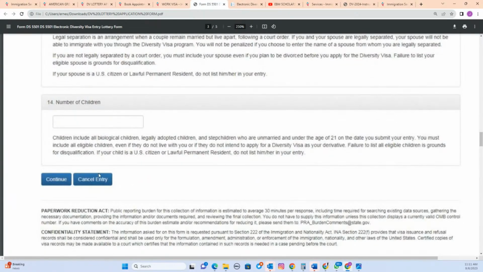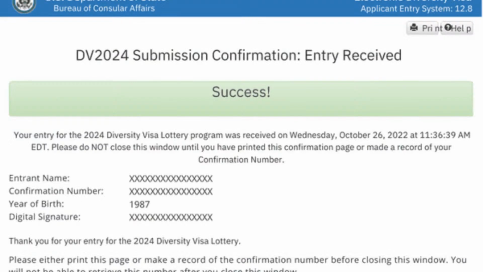Once you do the application, you submit it. It will let you know if it has been successfully applied. It will appear like this, and it will give you the confirmation number. This is just an example.